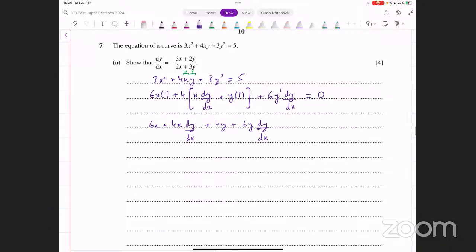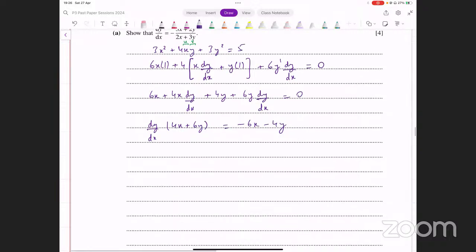From the dy over dx terms, take dy over dx common, take everything else to the right side, and that will give you dy over dx multiplied by (4x plus 6y). On the right side, you would get minus 6x minus 4y, right? These remaining terms go to the right side.